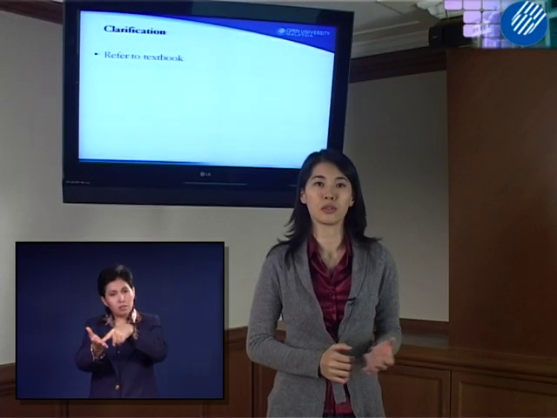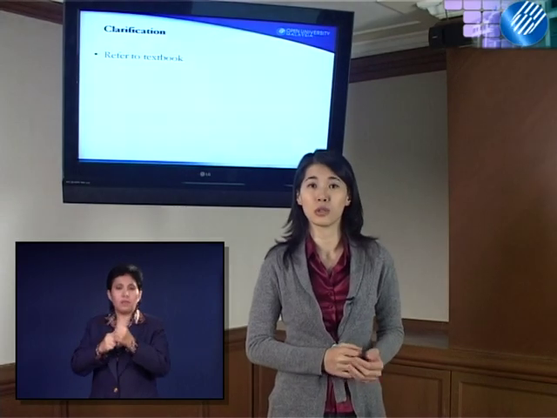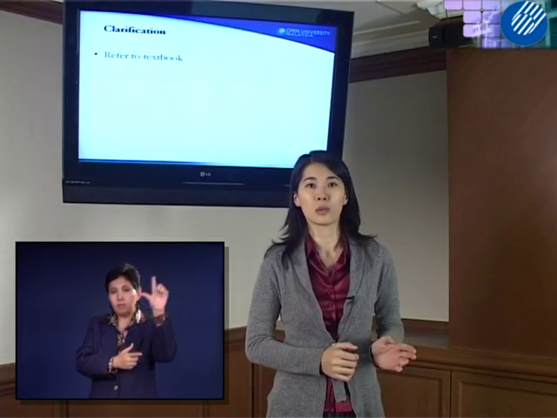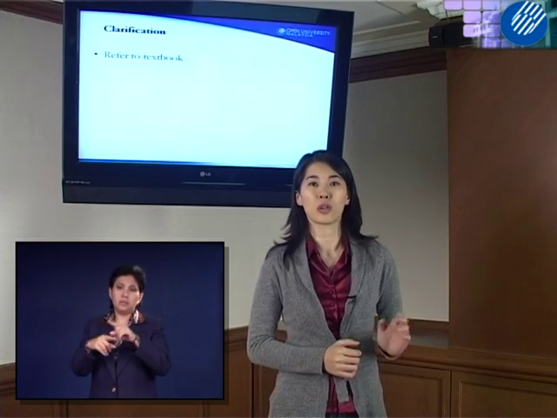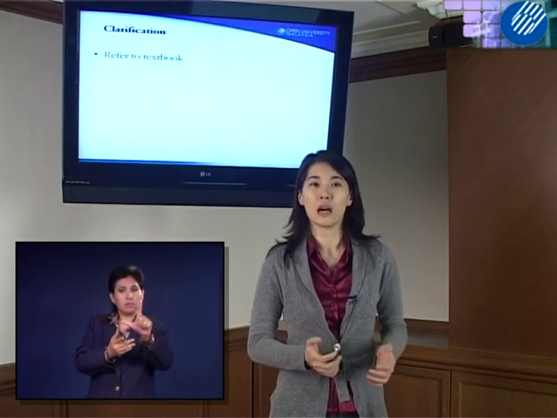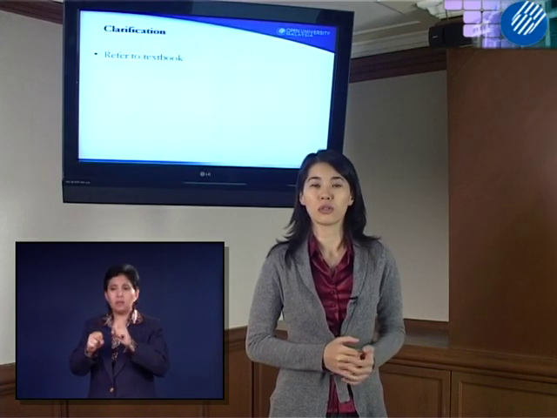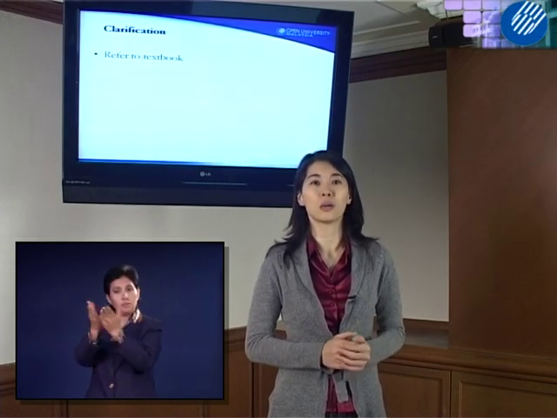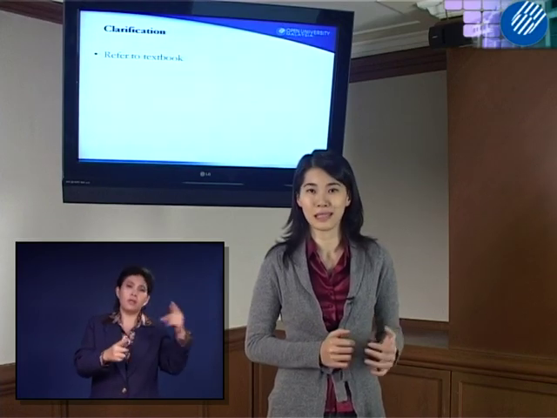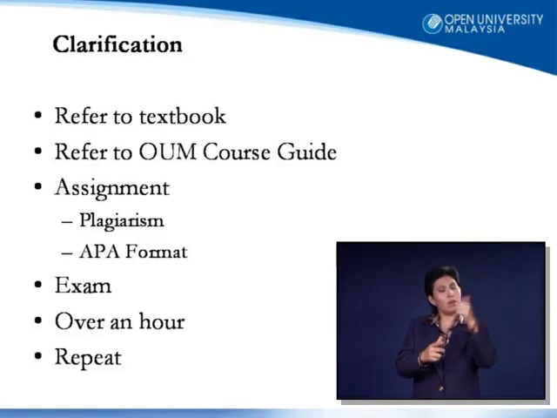You can get this textbook from the OUM library, which is located at the main campus, or you can go to the National Library. You can also get it at MPH or Kinokuniya or any bookshops near you.